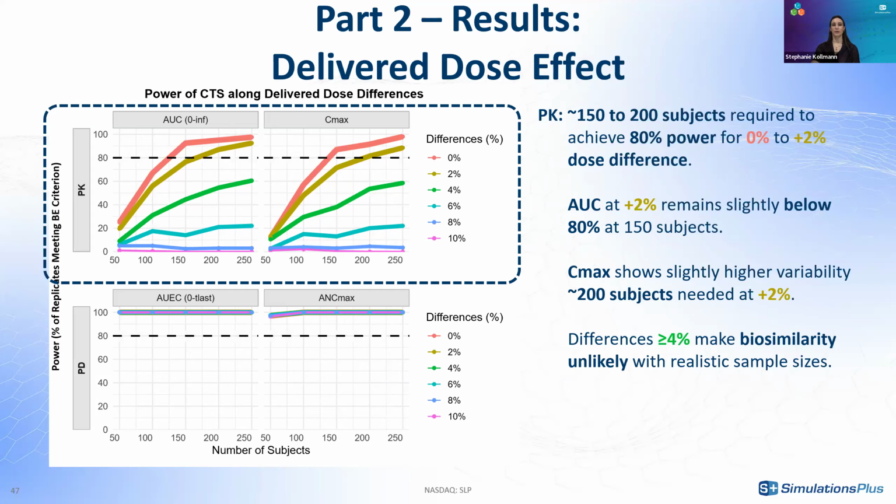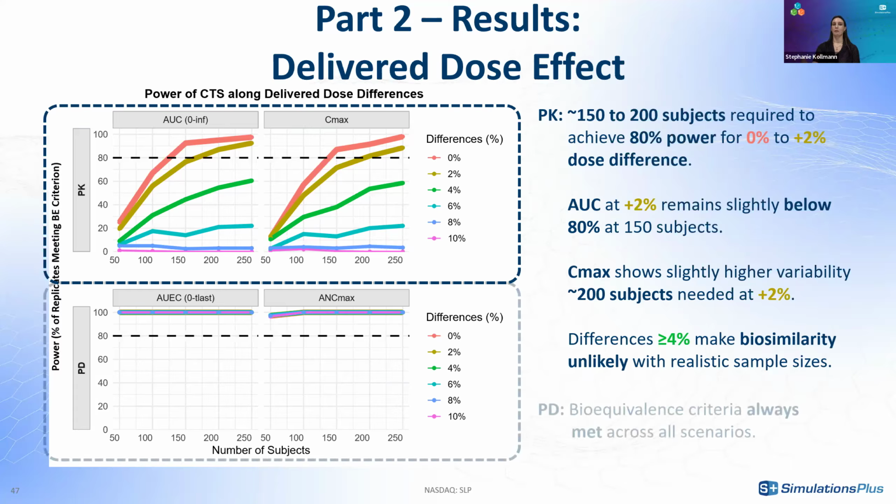And once the delivered dose difference exceeds about 4%, so here the curve in green, it becomes very difficult to demonstrate similarity without practically a large number of subjects. For the PD endpoints, AUEC and ANC max, the bioequivalence criteria were met across all scenarios, confirming that PD responses are not sensitive to these small variations in delivered dose.